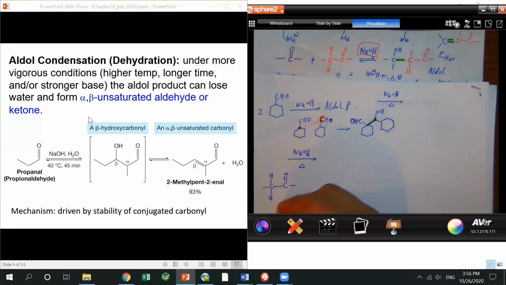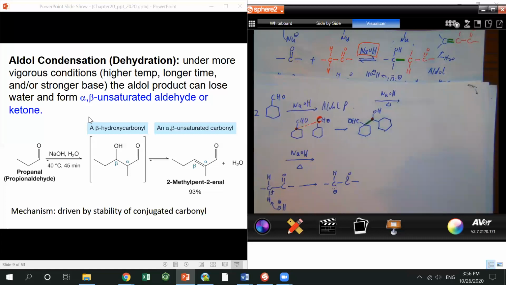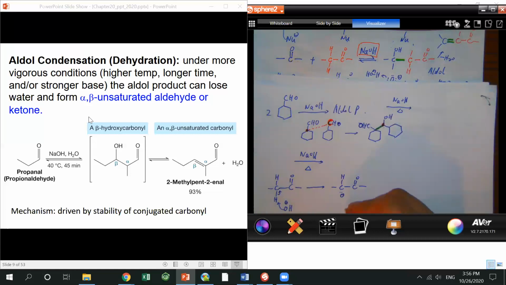The first OH minus comes in and picks up the alpha hydrogen, and you generate an enolate. That's your alpha carbon, and it attacks the other aldehyde or ketone's carbonyl carbon. Those steps are reversible until you reach the condensation stage.